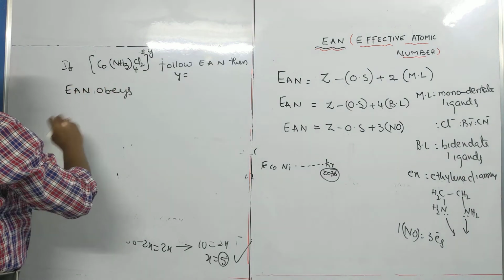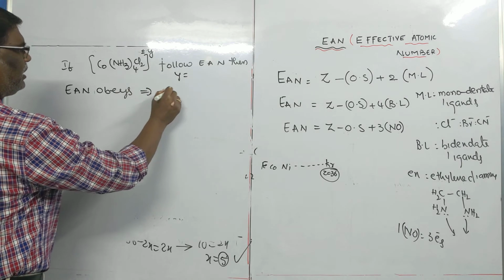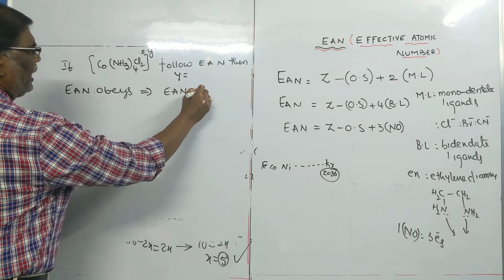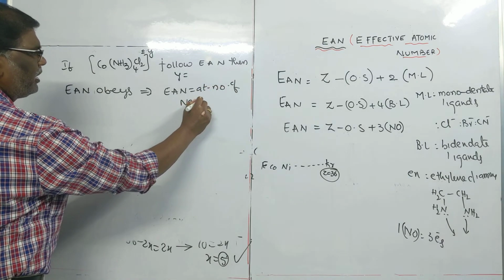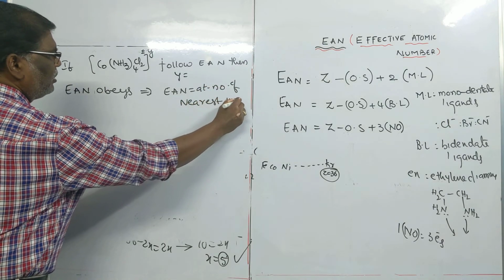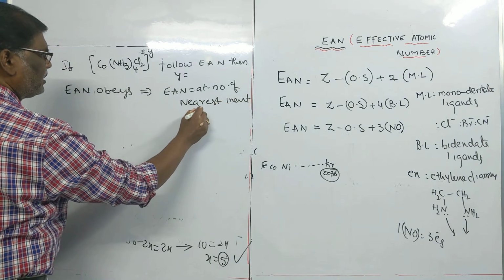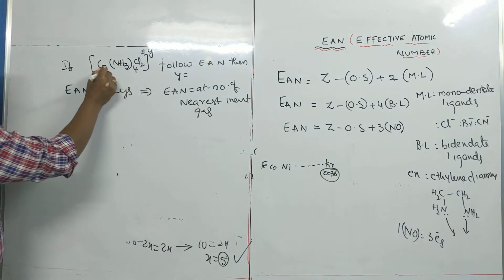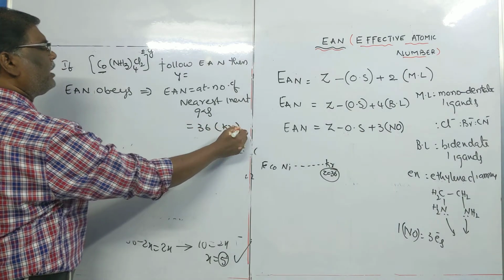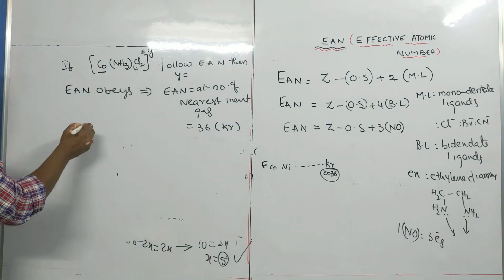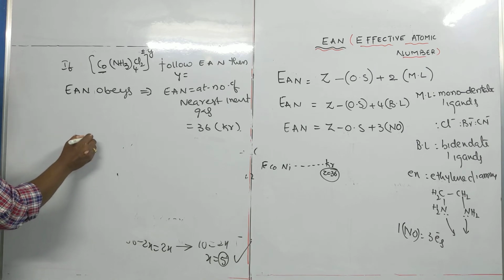Obeys means it has EAN equal to the atomic number of the nearest inert gas. What is the nearest inert gas? The nearest inert gas to cobalt is nothing but krypton, 36. Okay. Now we calculate the oxidation state.